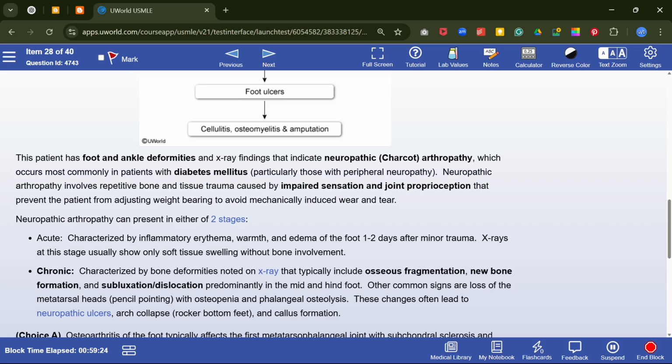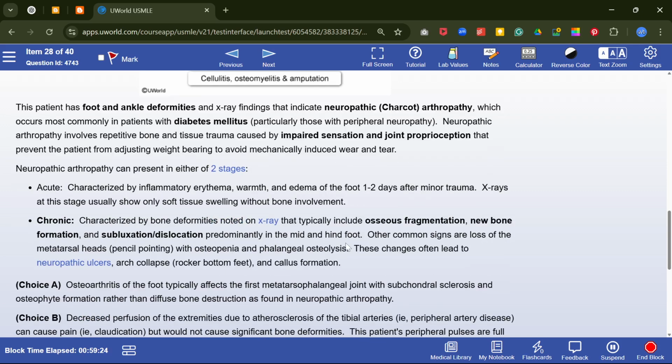Other common signs are loss of the metatarsal head, pencil pointing with osteopenia, and phalangeal osteolysis. These changes often lead to neuropathic ulcer, collapse, rocker bottom foot, and callus formation.